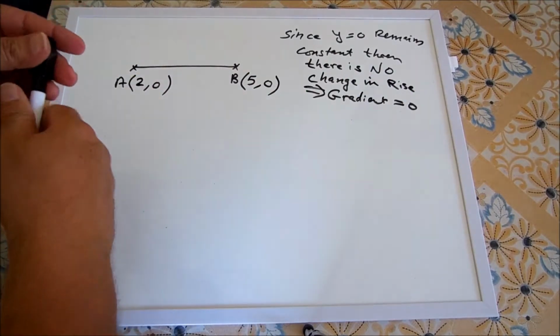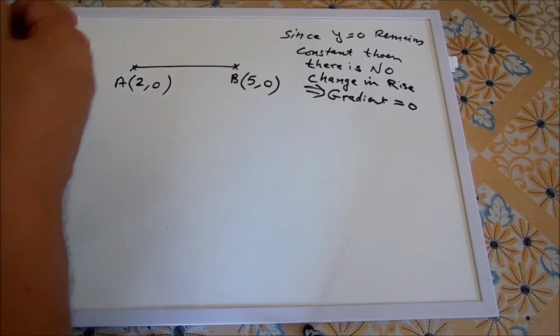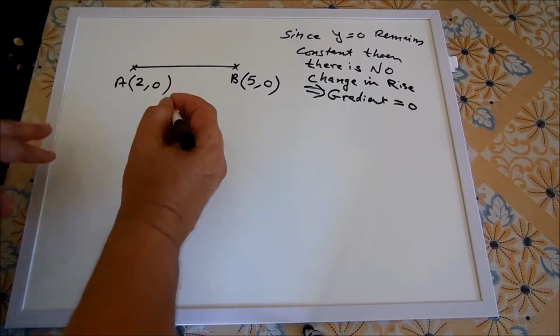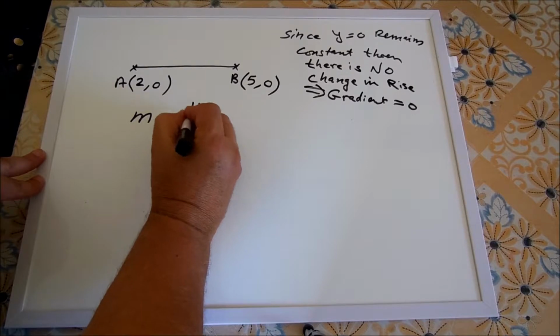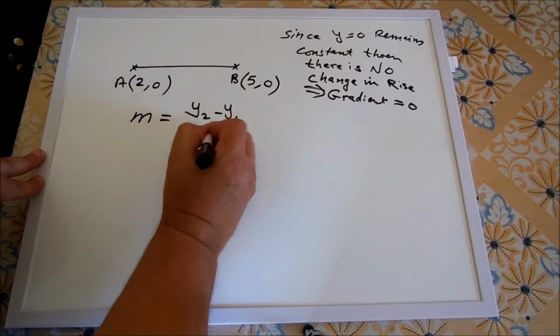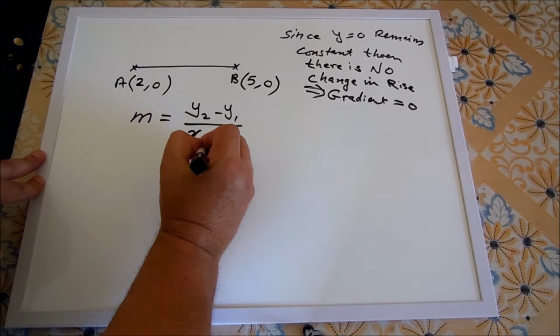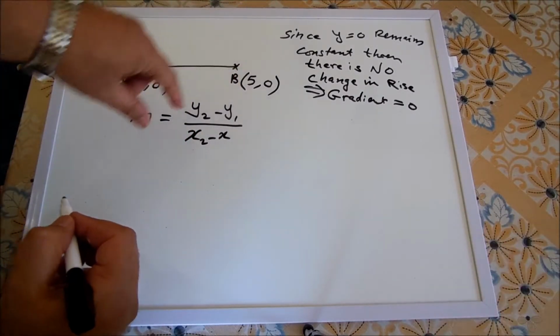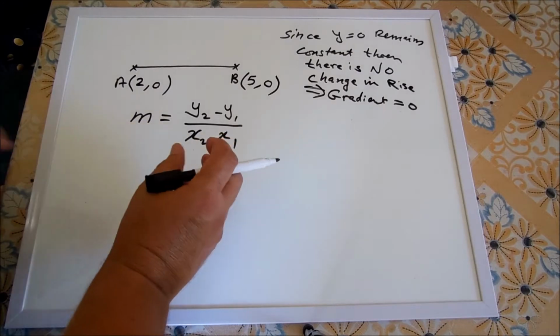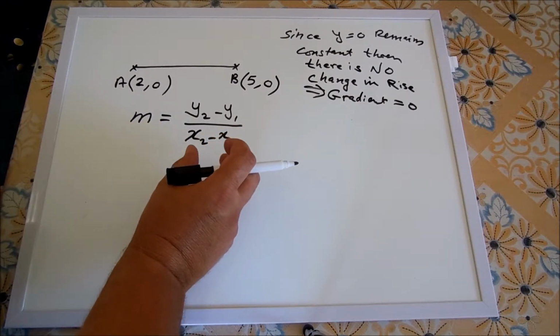But we can apply the formula that students use in schools, which says that the gradient m equals y2 minus y1 over x2 minus x1. So this is the change in height or the rise, and this is the change in x or the run.